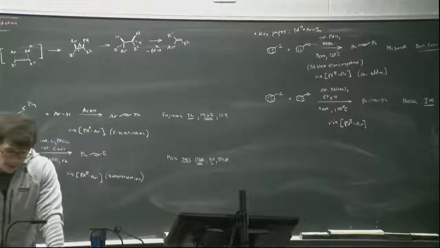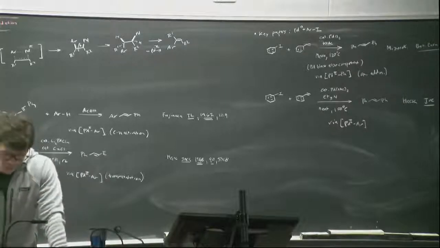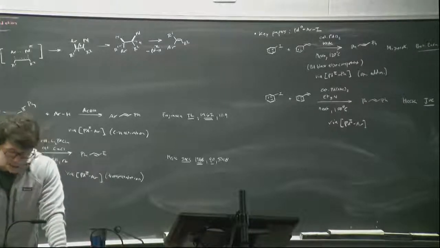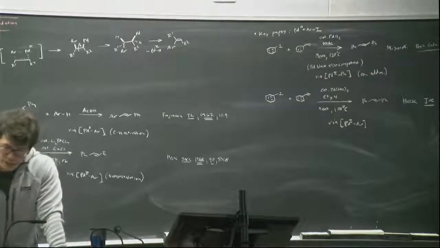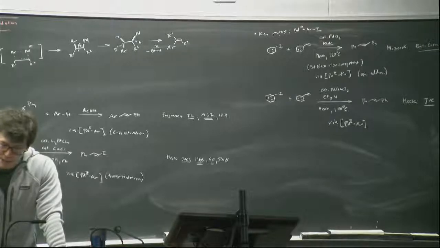And the neutral pathway is favored most of the time with chloride, bromide, iodide electrophiles, and with the common monodentate ligand sets. Those have important selectivity implications, as you'll see on one of the other slides, because neutral and cationic pathways give different regioselectivities with commonly used terminal alkenes.